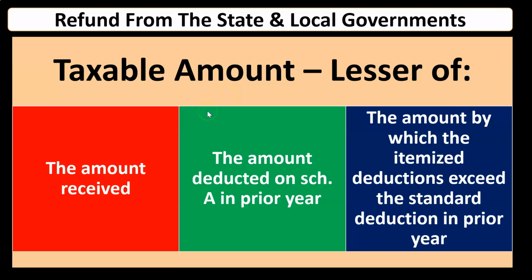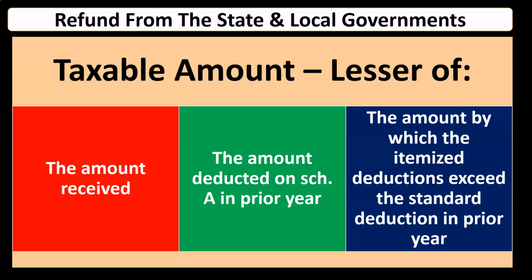But in any case, it's either the amount received, the amount that was deducted on Schedule A, or the amount by which the itemized deductions exceeded the standard deduction. Because if the itemized deduction was just barely over the standard deduction, they didn't get a whole lot of benefit.